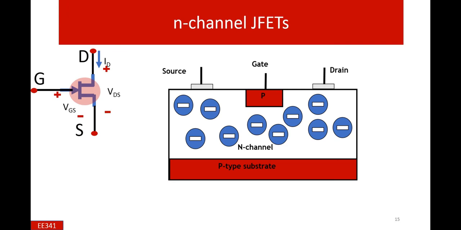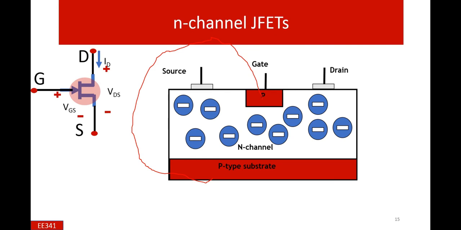To understand the concepts, if we simulate or animate this type of model, this is the drain, this is the source. If it is the N channel, then the electrons from the source are moving toward the drain, and this is the gate, and definitely this P substrate is connected.